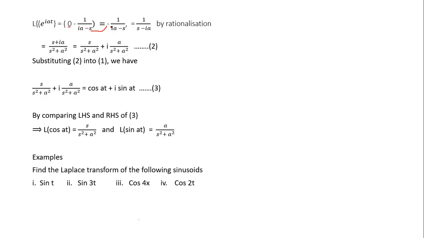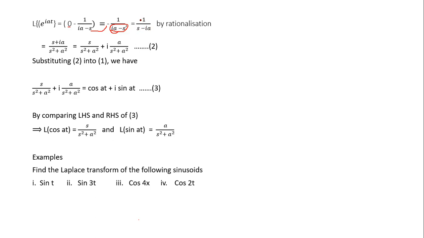From this, we can now rationalize. You know we have a negative sign here, so we can factor the negative out and it becomes s minus ia.